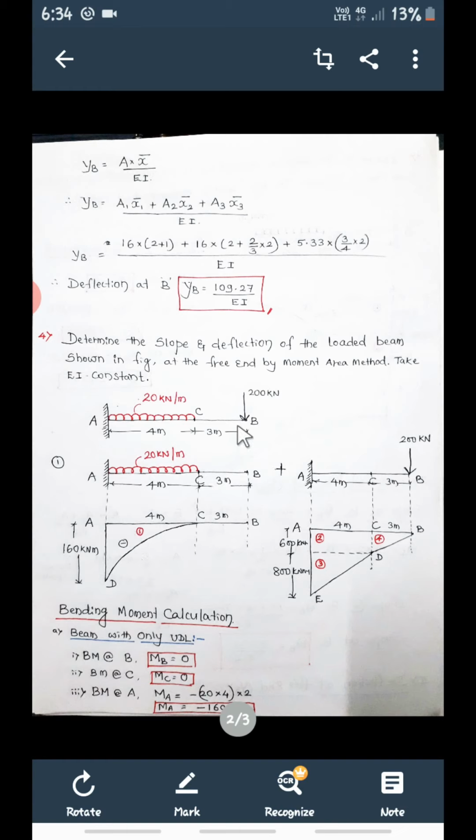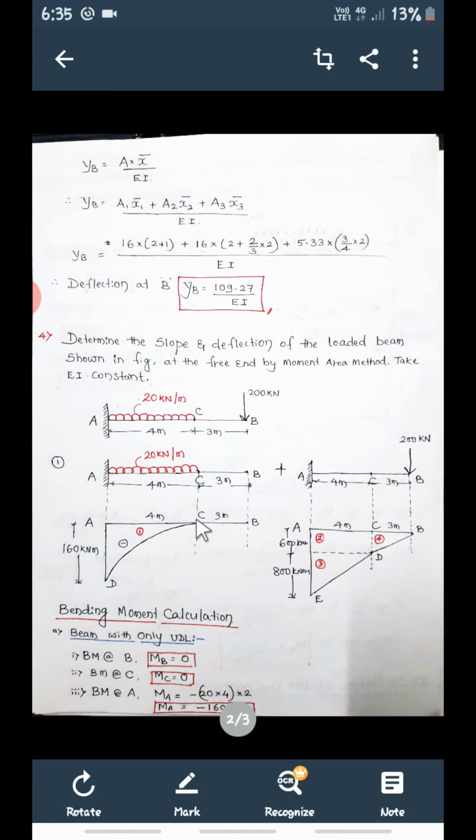We are calculating deflection at which point? B. So your x1 bar should be from B to the centroid of this. From here to here how much? 3 plus, what is the centroid of this parabolic spandrel? It is 3/4 of base, so 3/4 of 4.